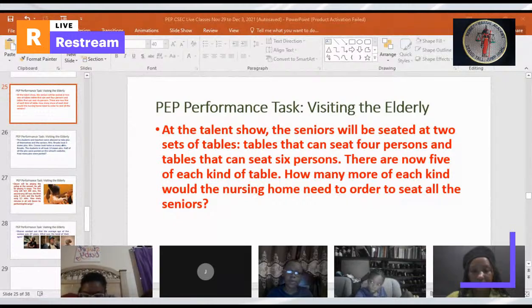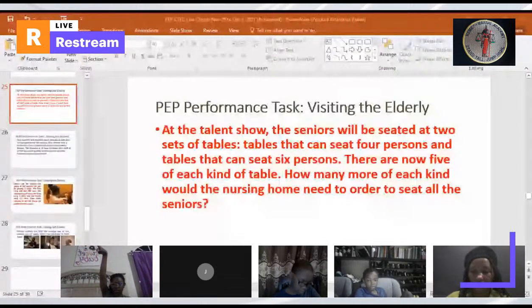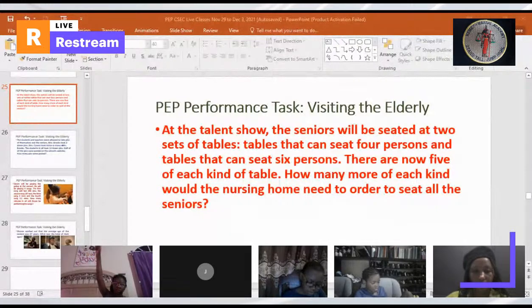My idea is to find out how much 6 times 5 would be equal to and how much 5 times 4 would be equal to. So, miss, 6 times 5 would be 30 and 4 times 5 would be 20.